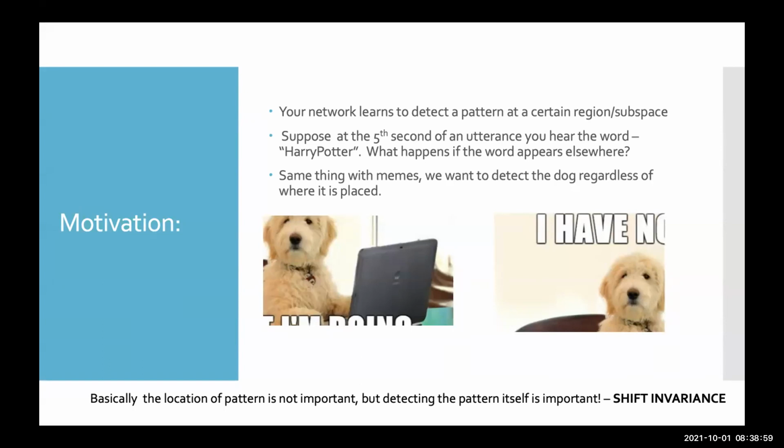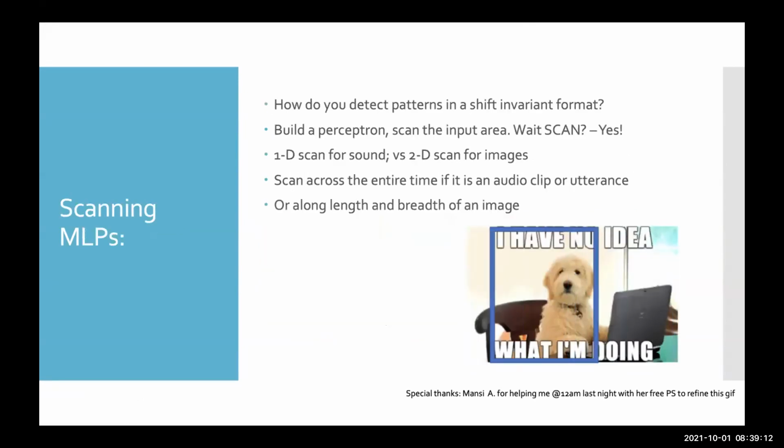So basically, at the end of the day, it's not the location of the pattern that's important, but the fact that the pattern even exists in the data that we're looking at. And so that's why we're scanning an image or scanning an utterance for a pattern. And so this scan would be considered 1D for sound, and it would be considered a 2D scan for images because you have both a height and a width.